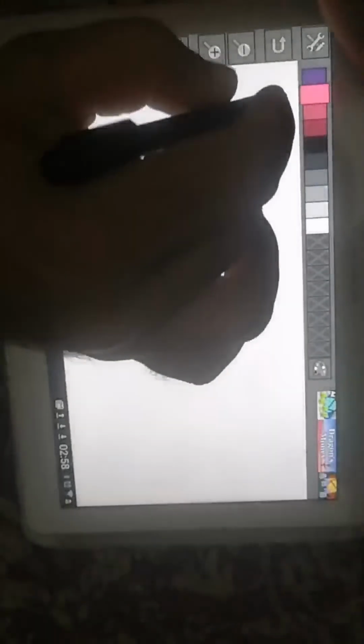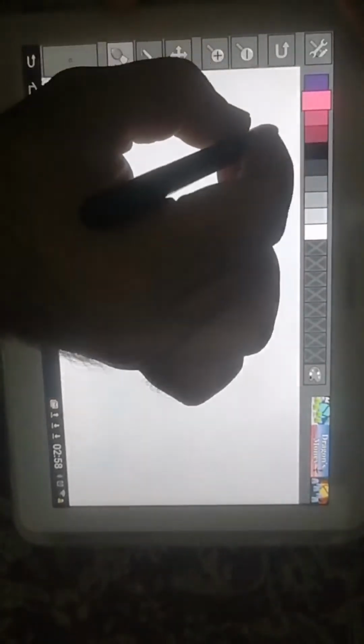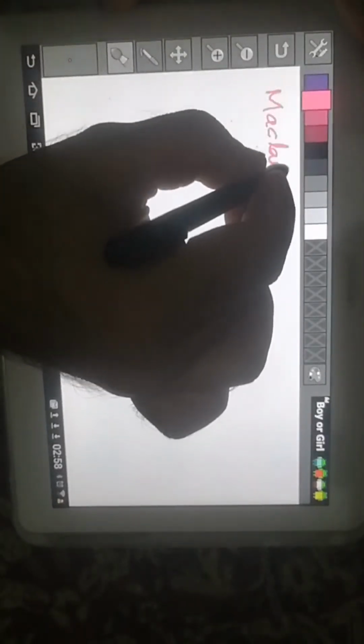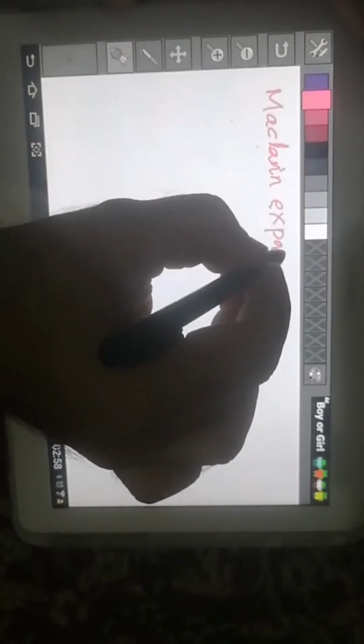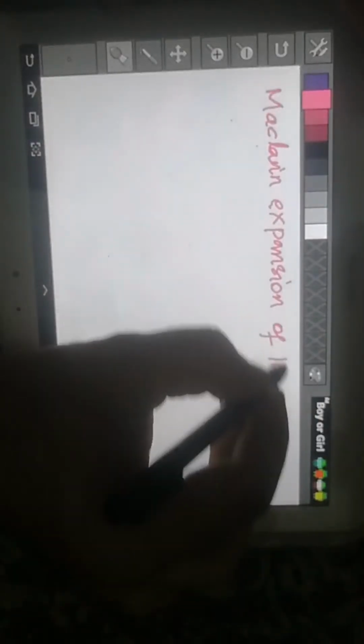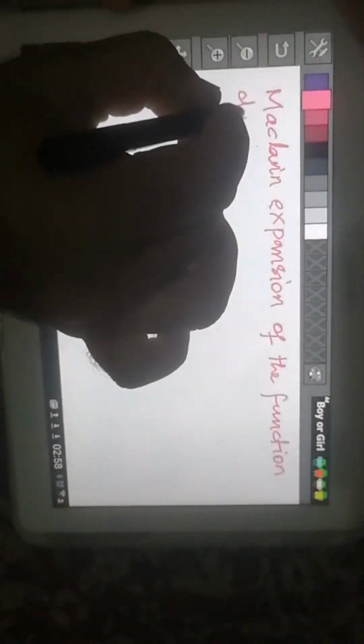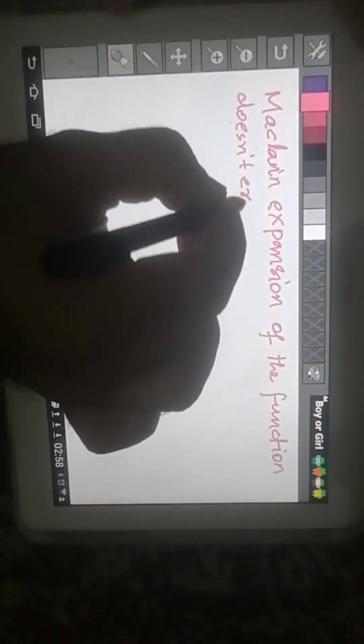Let us move to the next page for another question. Another question is, Maclaurin expansion does not exist. He is inquiring that the Maclaurin expansion of the function doesn't exist.